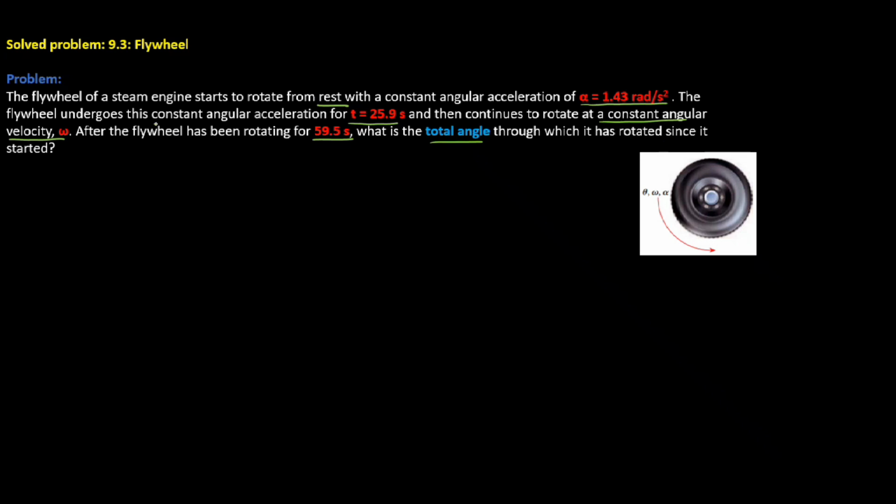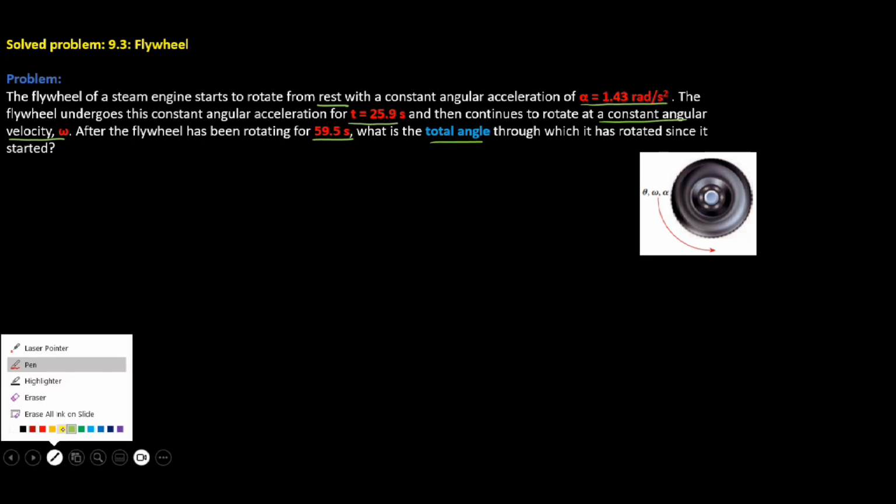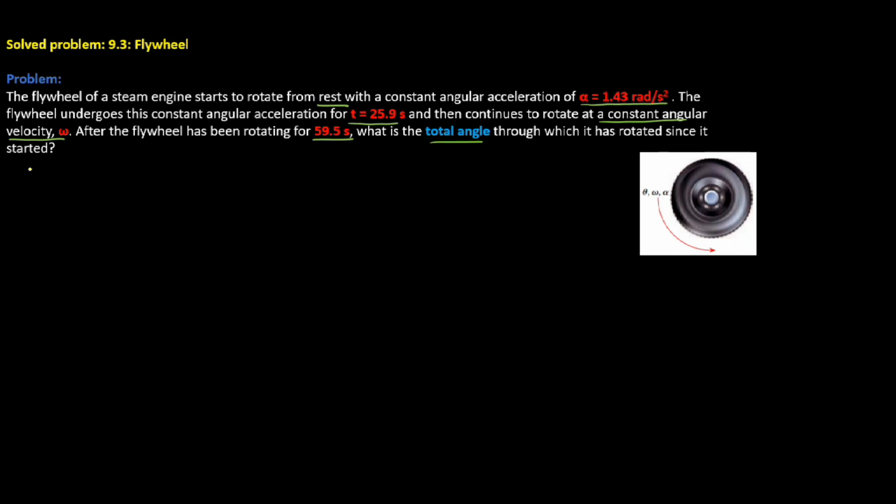So here my flywheel starts from rest. And if it starts from rest, I can write my initial angular velocity omega I to be equal to 0 radian per second. After starting from rest, it is moving with a constant angular acceleration of alpha equals 1.43 radian per second squared, and it reaches a velocity of omega.